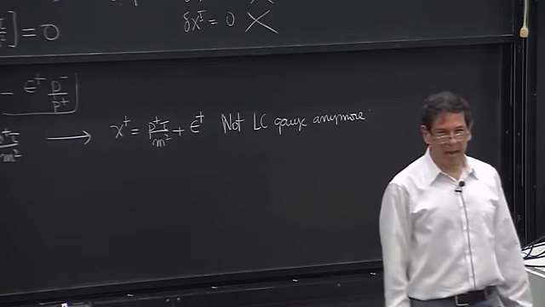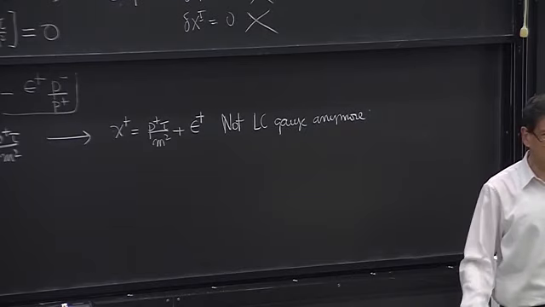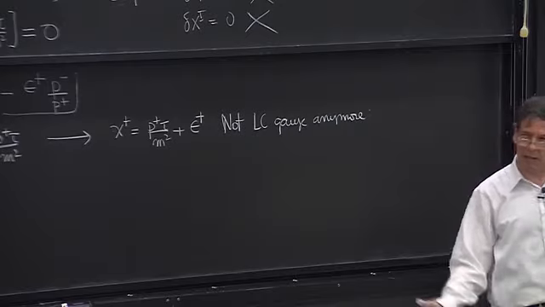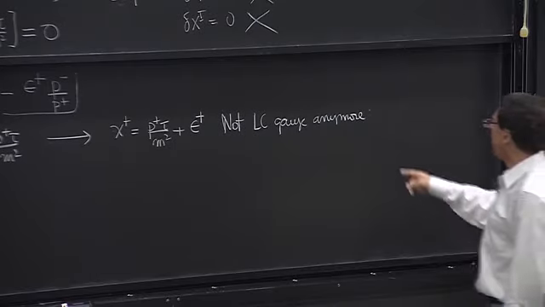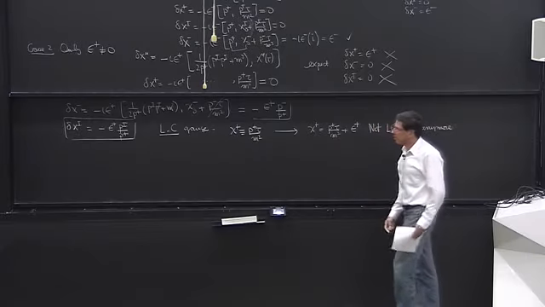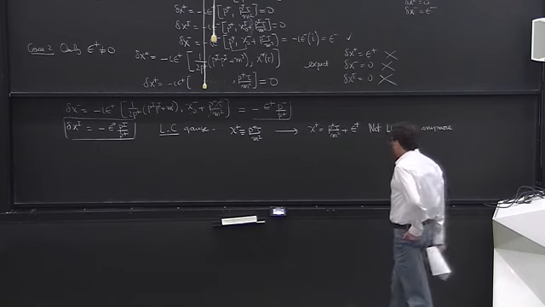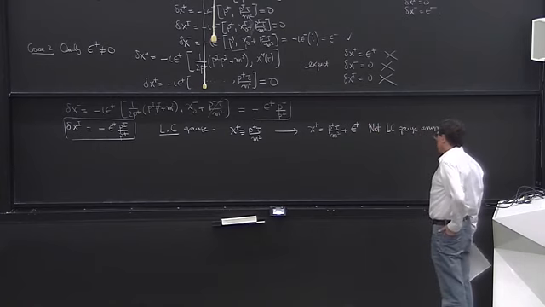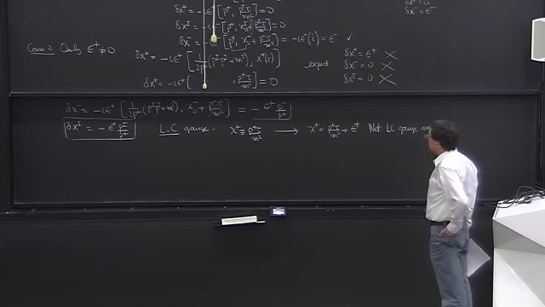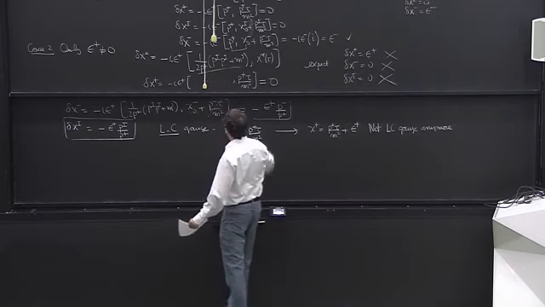So the theory actually refused to get you out of the gauge, because you quantized in that gauge and the theory doesn't want to get out of the gauge. If you had obtained this, you would not be in the light-cone gauge anymore and it would be totally unclear what you're doing. So what did the theory do? What did this translation operator P minus actually do? Because the translation operator now is P minus.